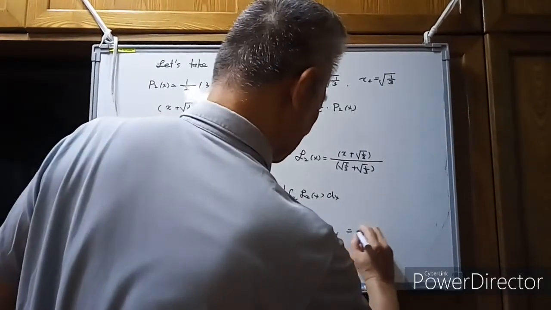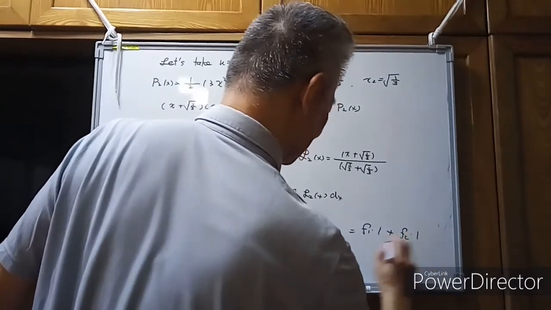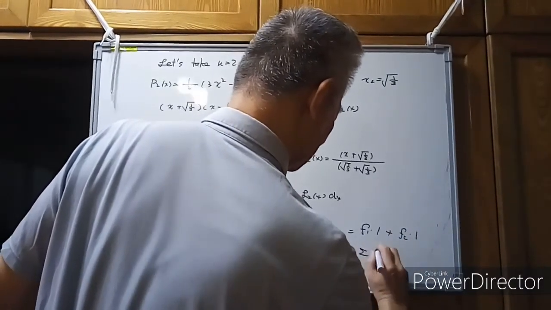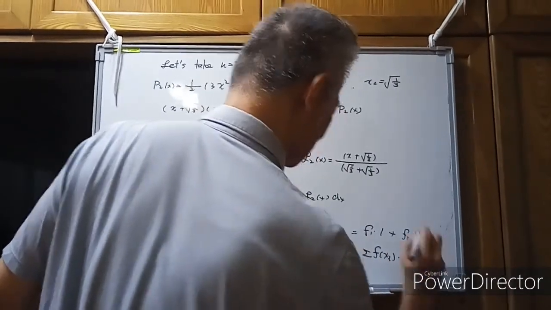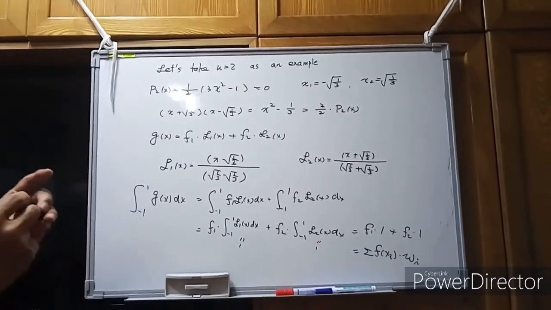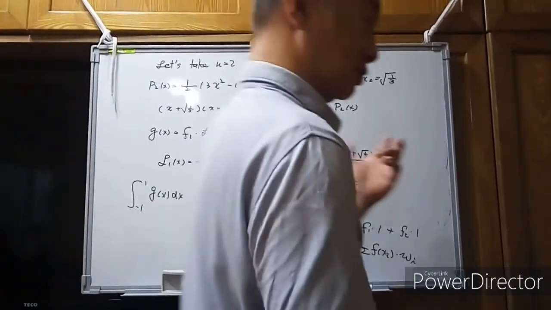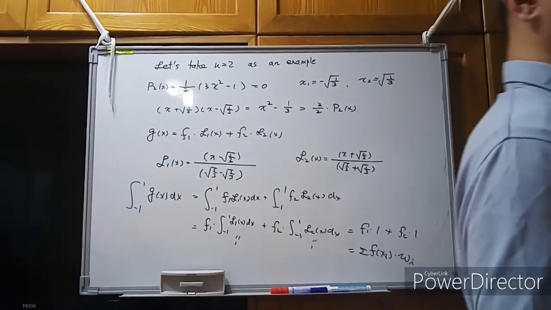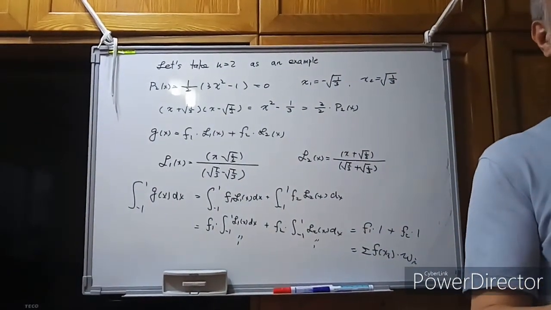So this will be f1 times 1 plus f2 times 1, equal to the summation of f of xi times wi.